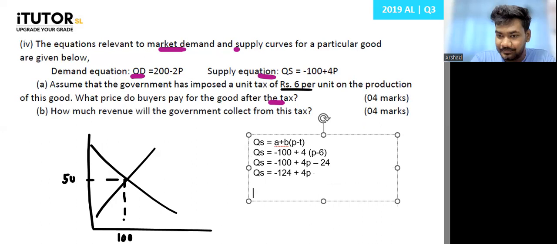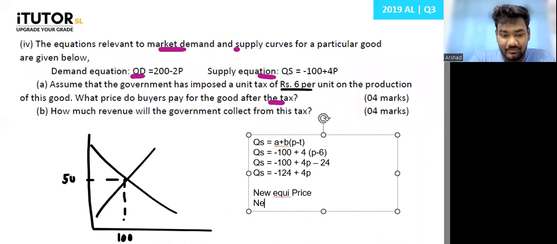Okay. So based on this, can you tell me what is the new equilibrium price and the new equilibrium quantity? So now you equate your demand equation with your new supply equation. So what do you get, guys? 54 and 92.